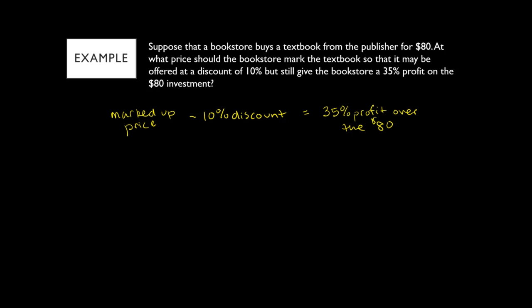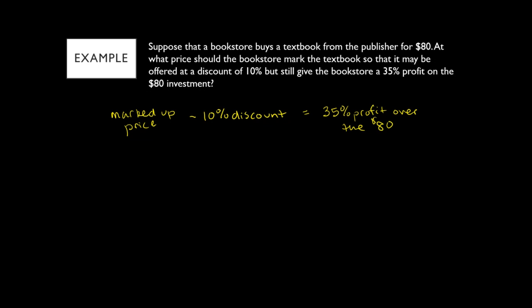I'm going through the thinking process out loud to you guys so you can kind of see how we do this. So let's see, I'm just kind of reading through it again, and this is something that you need to do, is just read through the problem multiple times often. We want a 35% profit on the $80 investment.